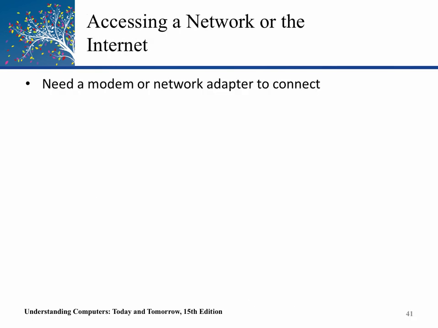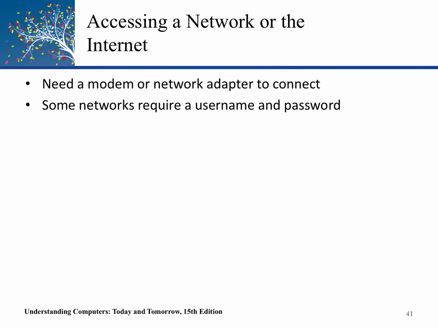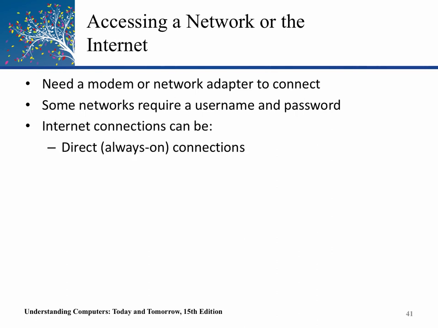When you're connecting to the internet, typically you will need a modem or a network adapter. Networks can sometimes require a username and password, so your protected home internet connection and the internet connection on campus you'll have to access using a username and password. Internet connections can be direct connections where they're always on. So this would be T1, or a very high-speed connection.